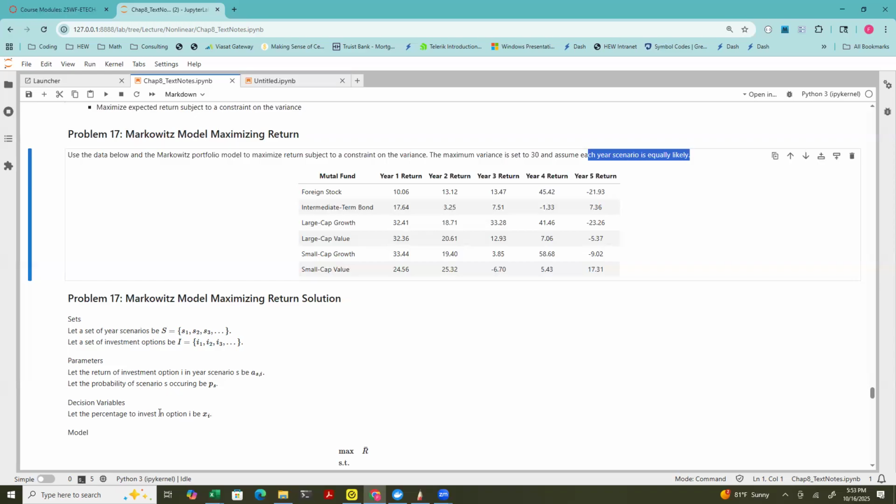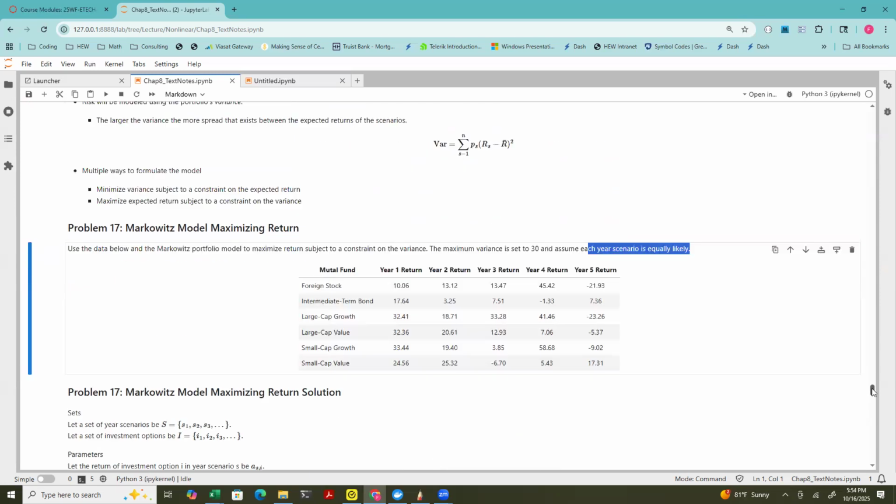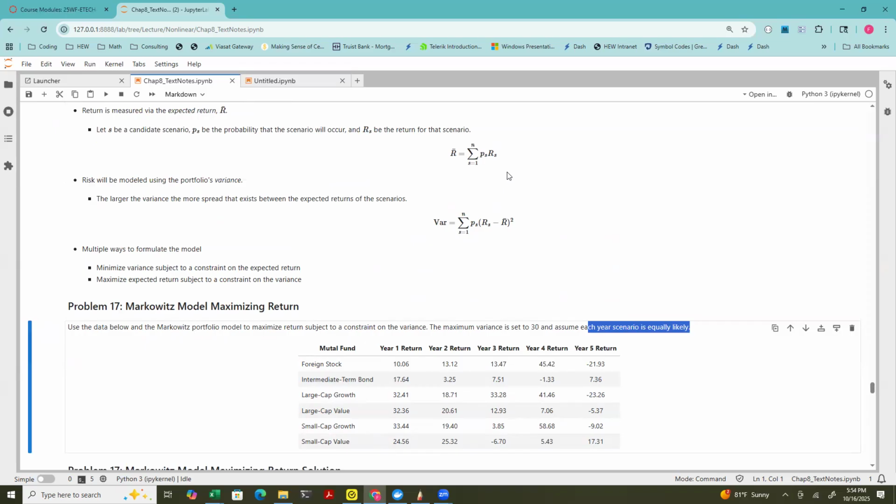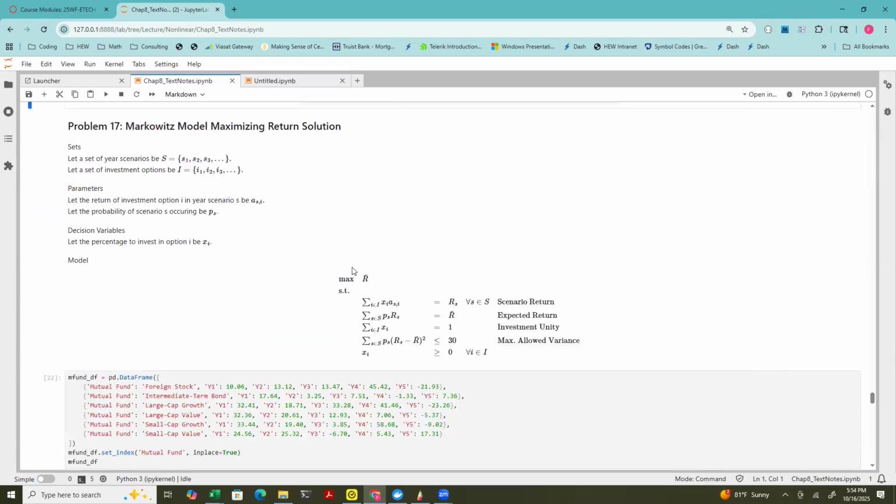And we've got decision variables for the investment options. So we've got foreign stocks, intermediate term bonds, large cap, small cap, growth and value variations there. In this case, you'd have 1, 2, 3, 4, 5, 6 different decision variables. Well, we said up above, we're trying to maximize the return. So we're maximizing R bar, which is defined right here. That gives us the objective function. And then we also have to define R bar down here in the constraints.